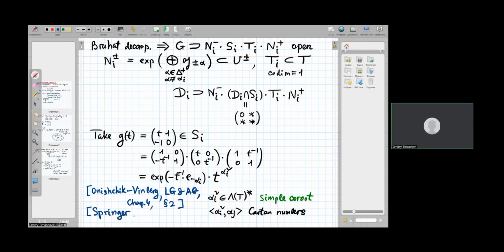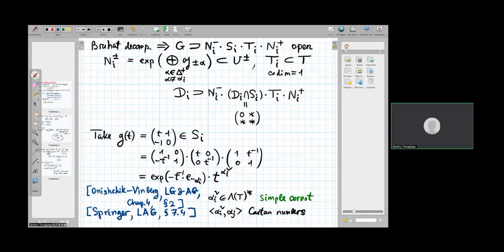It is even maybe more relevant to this situation. The book of Springer, Linear Algebraic Groups. So the section 7.4.